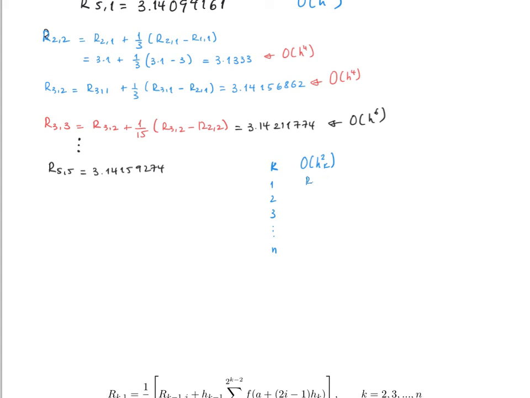So then this will be R11, R21, R31, and so forth until Rn1. This is the composite Simpson that we use. Then if we move to the next position, you need the k again. So this will be now R22, R32, and so forth all the way to Rn2.